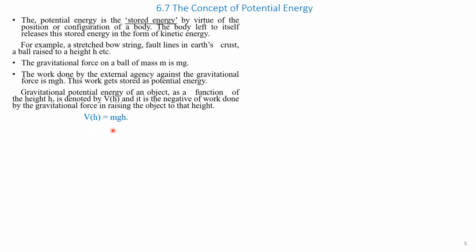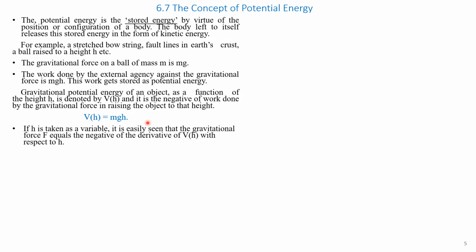So V of h can be written as V of h is equal to mgh, where V of h is the potential energy, m is the mass, g is the gravitational acceleration, and h is the height.